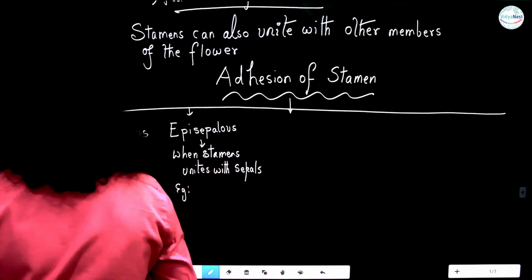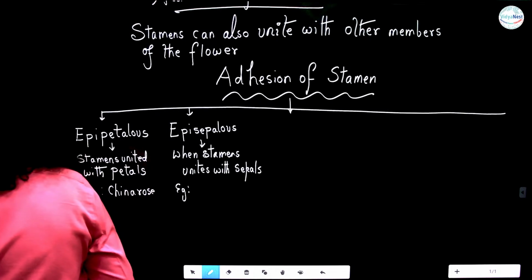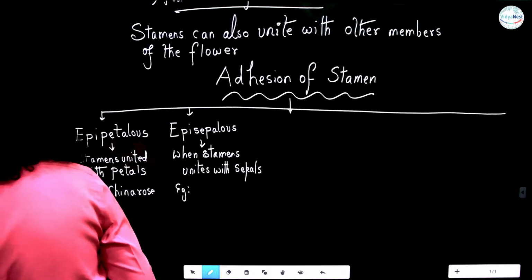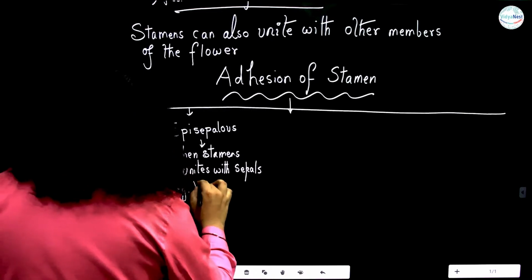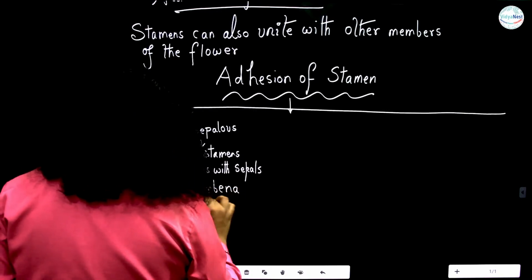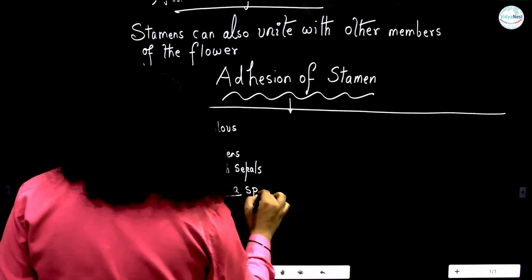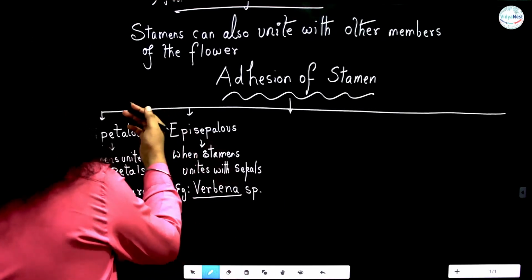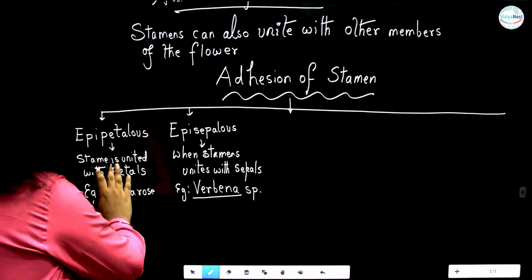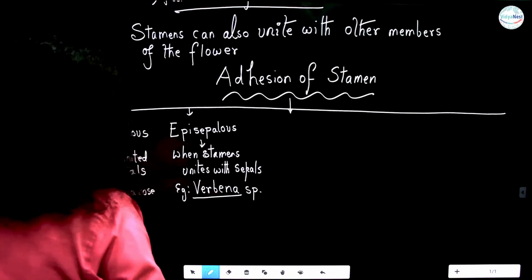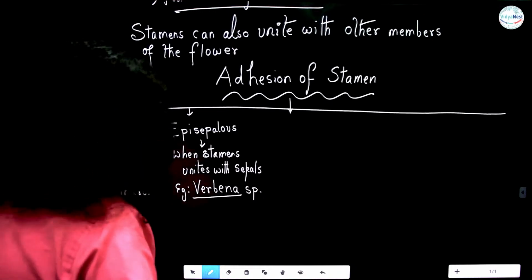Example, here we can see verbena. In this particular plant, stamens are united with sepals. So it can be united with the petals, then that is known as epipetalous. Episepalous means when stamens are united with sepals. One of the examples is verbena.